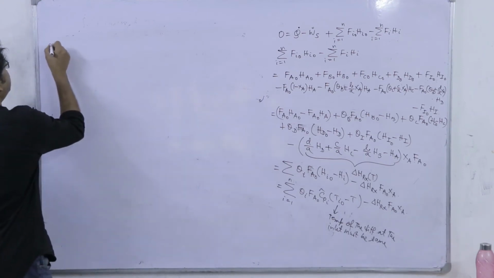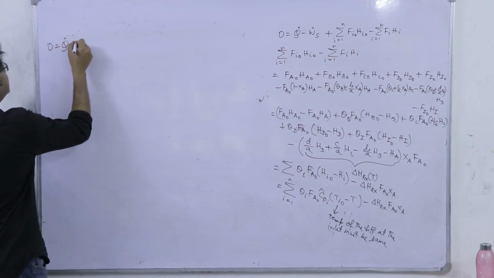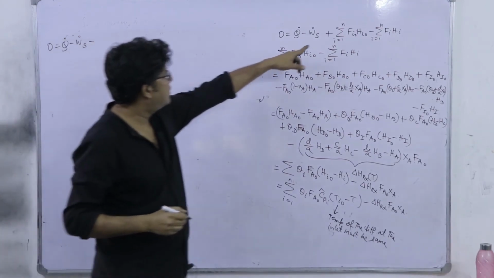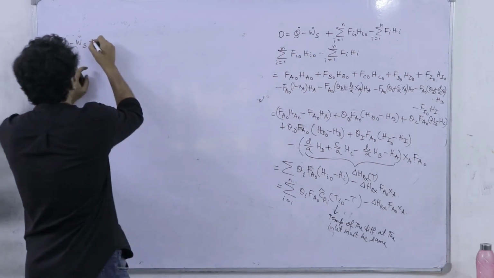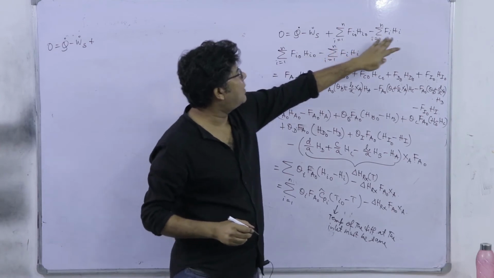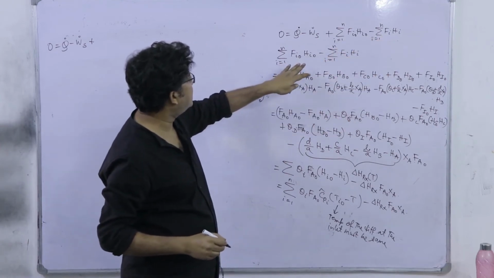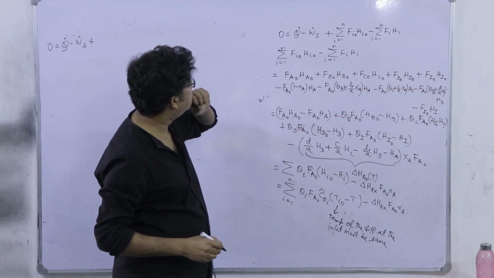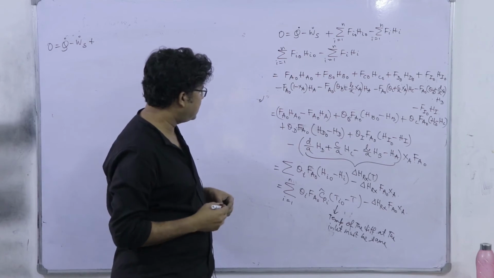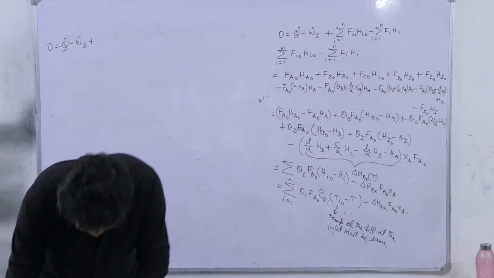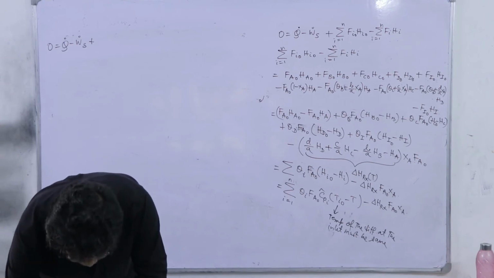So it is 0 equal to Q dot minus W dot S plus. Now this is inlet minus outlet, and we have calculated T minus T naught.